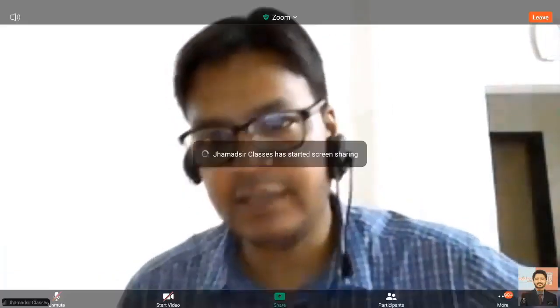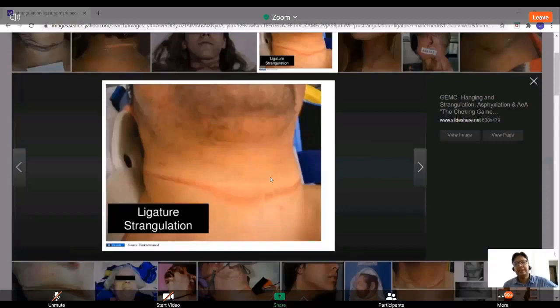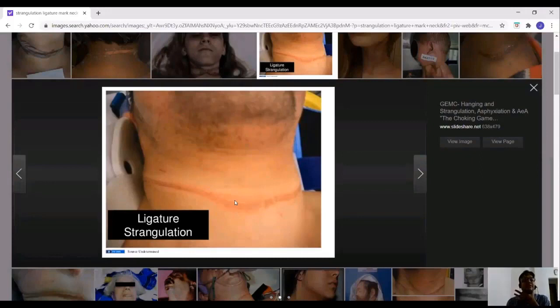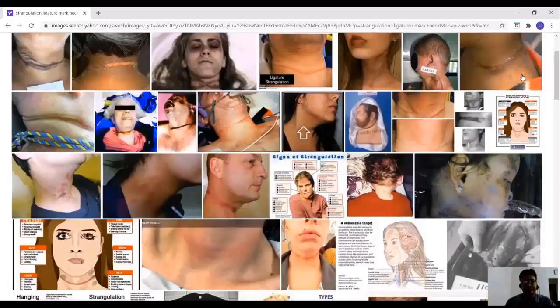You can get a snapshot of this picture. This is a very simple mark which is almost transverse. It is not V shape. You can see some periligature injury, this injury, this injury. This is ligature strangulation. Okay, just get this picture.